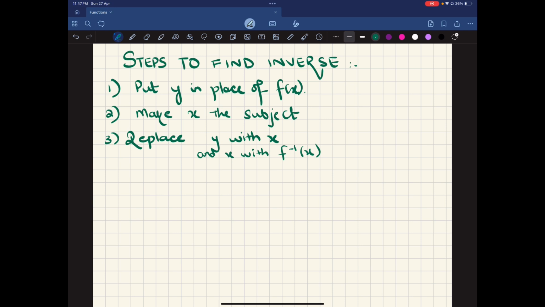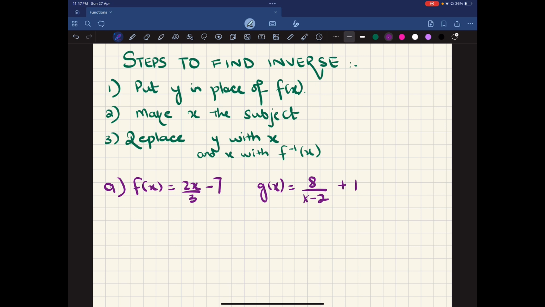Okay, so let's do an example right below this. Two functions: f of x is equal to 2x over 3 minus 7, and g of x is equal to 8 over (x minus 2) plus 1. So these are the two functions which are defined.